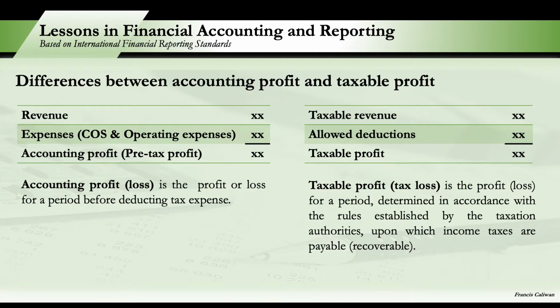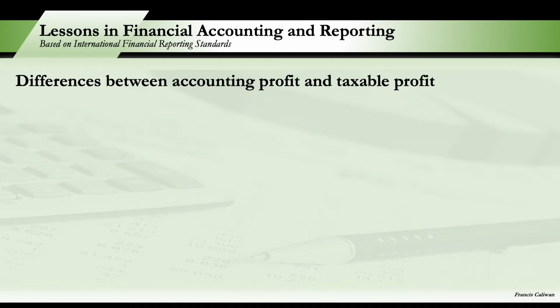And if accounting profit has IFRS, taxable profit has the National Internal Revenue Code or NIRC. Because accounting profit is derived based on the accounting principles and taxable income is derived based on the regulations of the tax code and taxing authorities, differences exist between accounting income and taxable income.